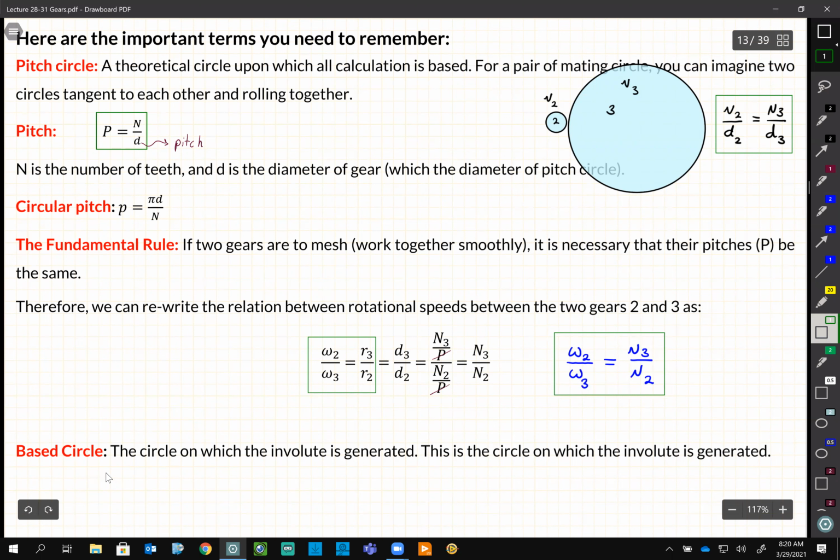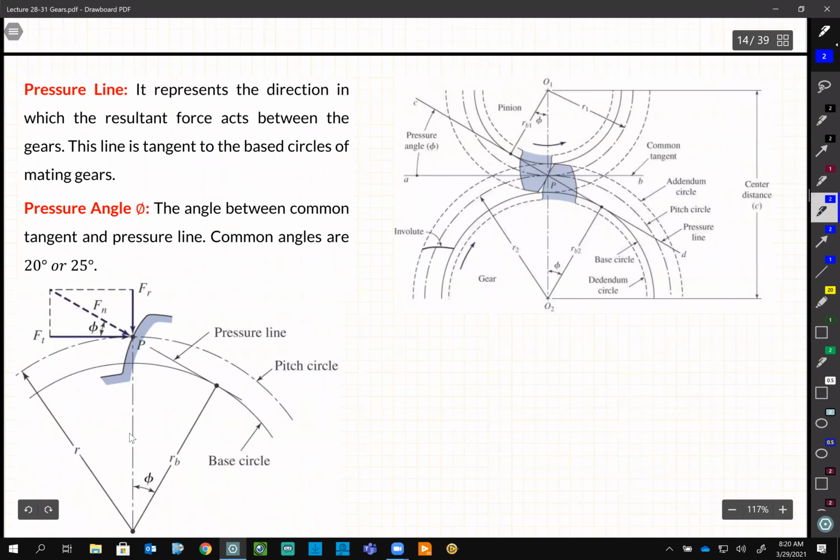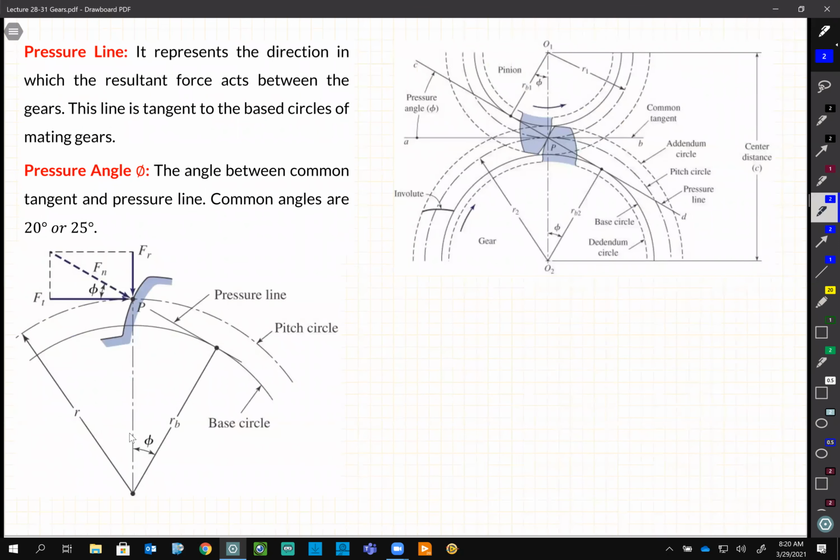So we talk about base circle, and you know what base circle is now. And why we need base circle? To create the involute, right? We talk about pressure line. So the cotangent line, right?